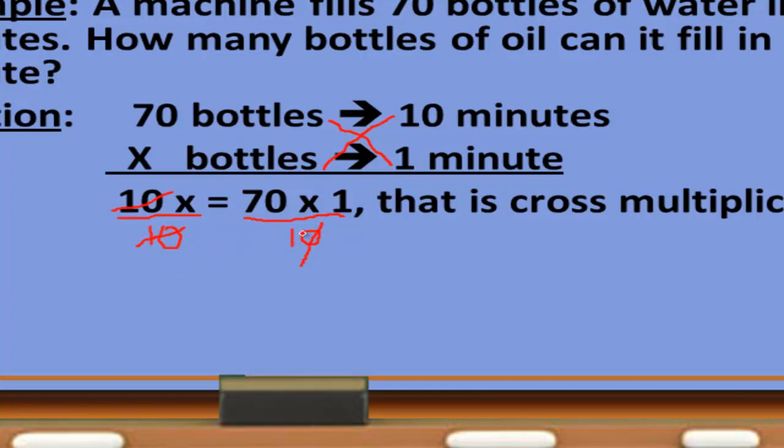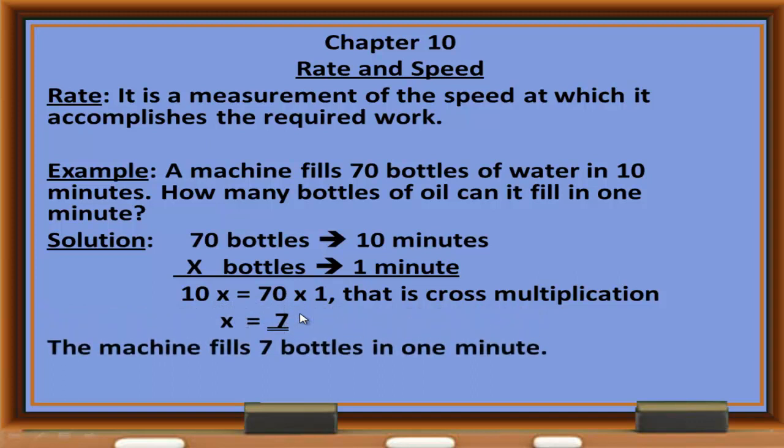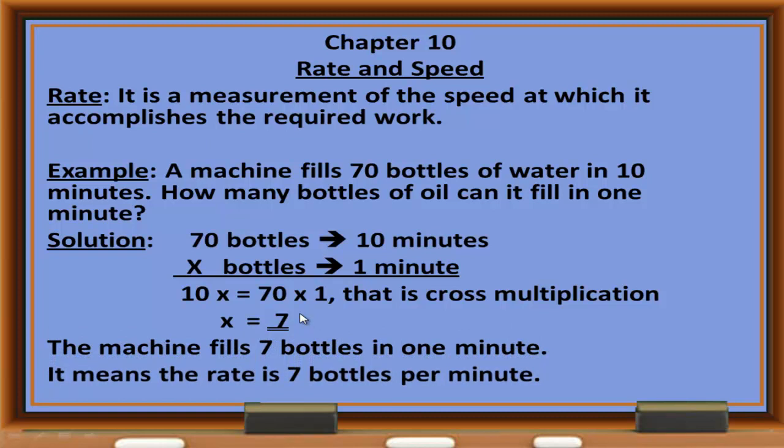This 0 will be cancelled with this 0. Then X is equal to 7. That is, the machine fills 7 bottles in 1 minute. It means the rate is 7 bottles per minute. When we say per, it indicates the rate: 7 bottles per minute.